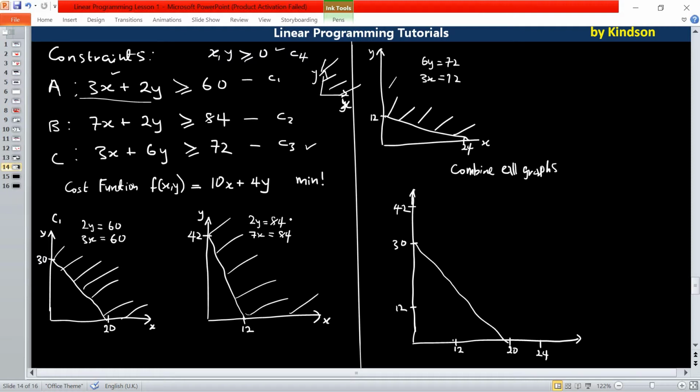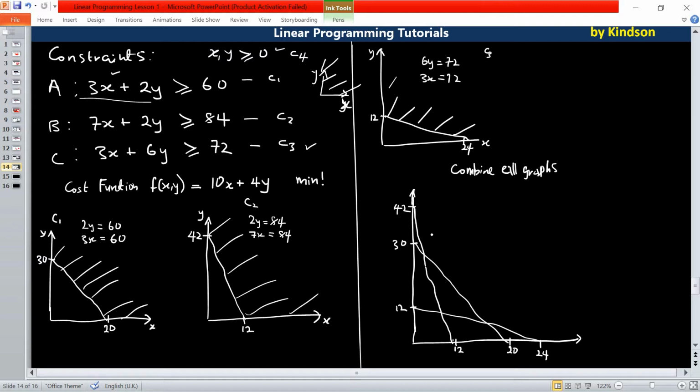For C2, this is C3. For C2, we have 42 is to 12, so we go from this place, we go down, 42 is to 12, okay, fine. And for the last one, we have 12 is to 24, so draw 12 all the way to 24.